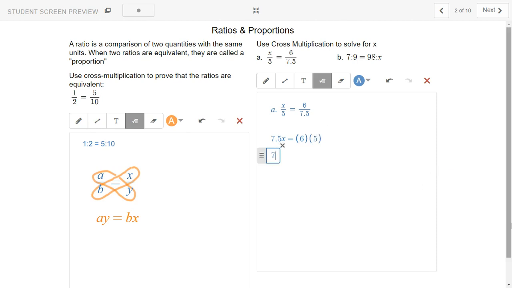Let's continue. 7.5x is equal to 30. And then we have 30 divided by 7.5. X is equal to 4. So we've solved for the value of x. We know that if I have 4 over 5, this is equivalent to 6 over 7.5.